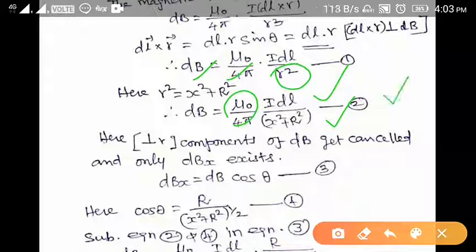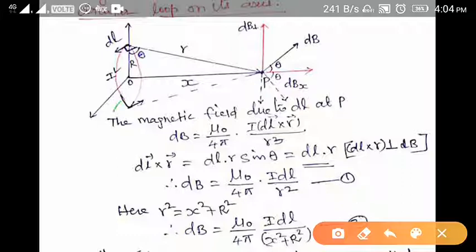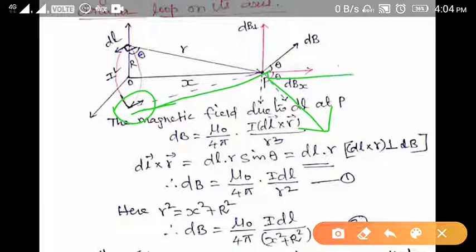This is equation 2. Already we said the perpendicular components of dB get cancelled, and only the horizontal component dBx exists. If we choose another dl opposite to the first one, then due to this small element the magnetic field at point P is in this direction, with its horizontal component in this direction and vertical component in this direction.